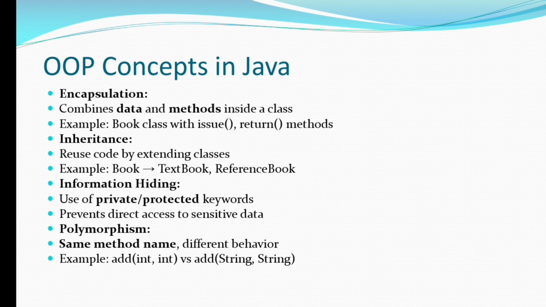You are mixing these attributes with methods like whether the book is given or returned. This is an example of encapsulation. Combining the attributes and the methods together in a single class is nothing but encapsulation.